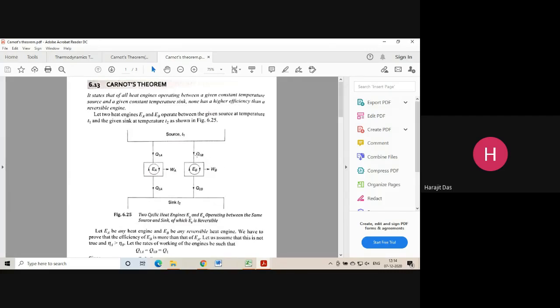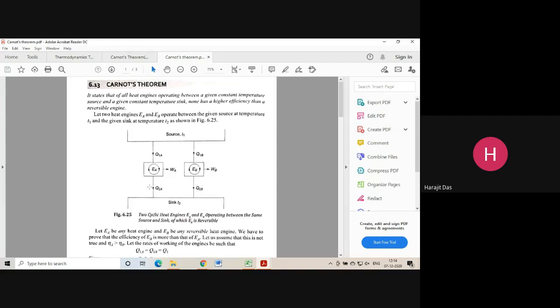This will be maximum when Q2B is minimum, isn't it? Because WA directly depends on this minus this. So if this is minimum, then only WB will be maximum. This is WB, isn't it? So efficiency will directly depend on the ratio WB upon Q1B. So for a reversible heat engine, this will always be minimum.